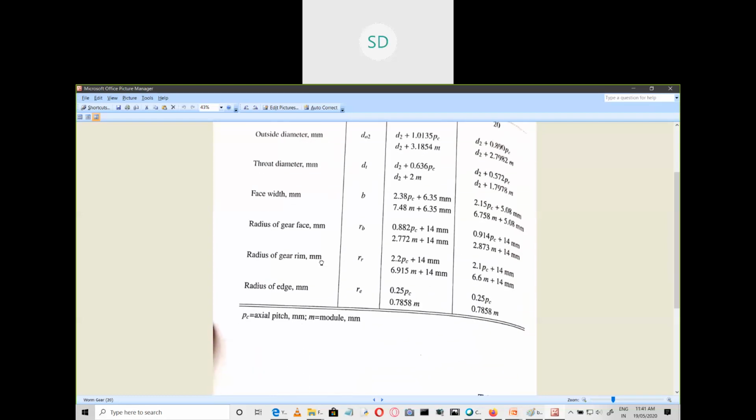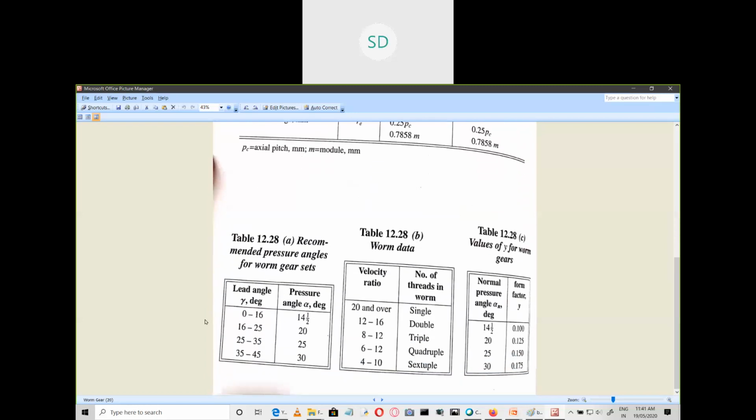Outside diameter you can calculate based on either pitch circle diameter or module. Throat diameter, face width, radius of gear face, radius of gear rim, radius of edge. For all these notations, you refer to figure number 12.14.